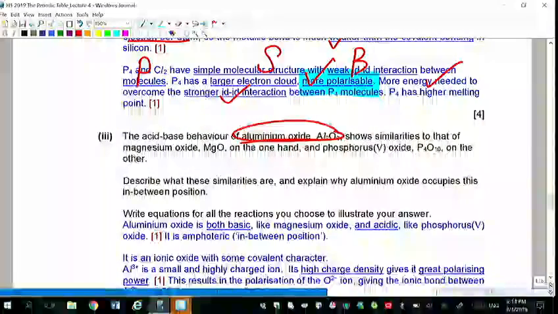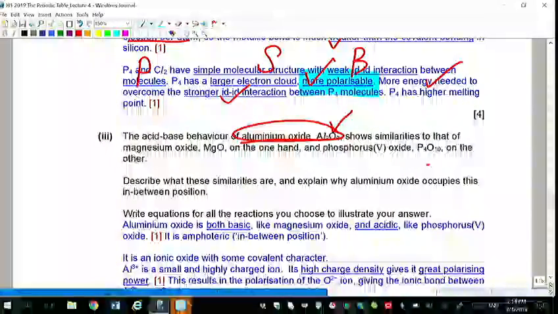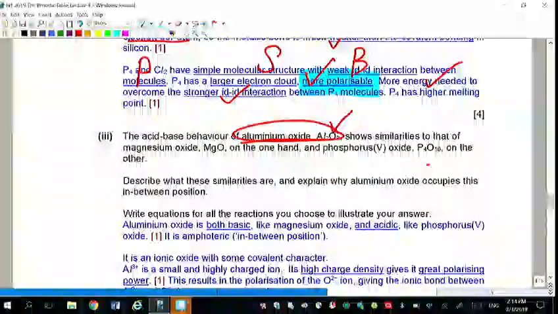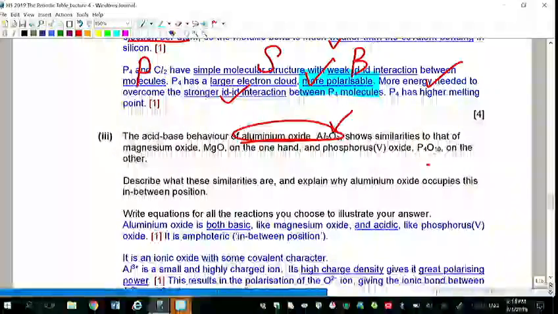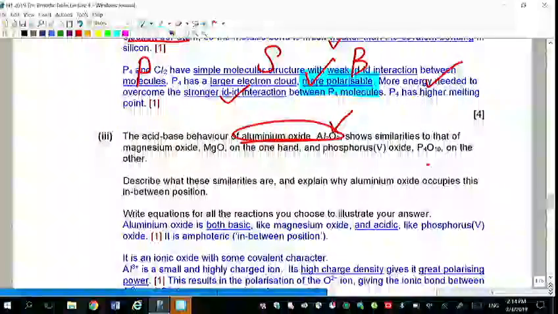The pH of the solution when you dissolve aluminum oxide is going to be 7. But that doesn't mean aluminum oxide is neutral. Aluminum oxide is not a neutral oxide. It is what we call an amphoteric oxide. If you add acid or if you add base, your aluminum oxide can react with either the acid or the base. This special property, remember.